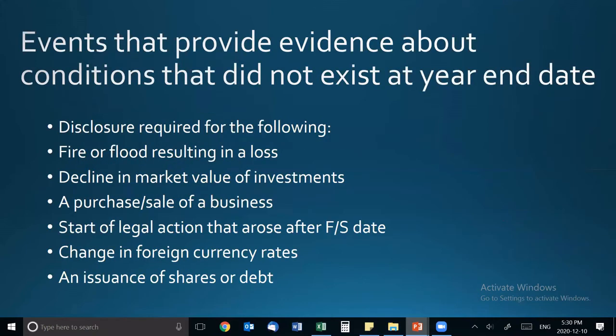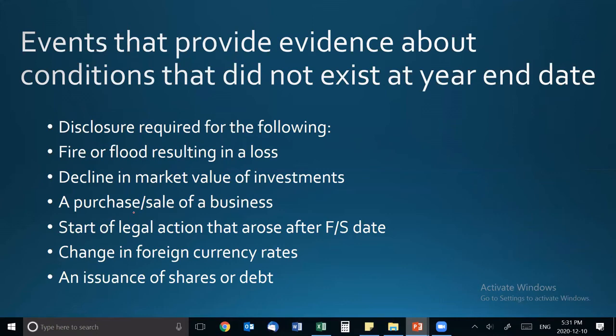So some more examples of event number 2, conditions that did not exist at year end that need to be disclosed: fire or flood resulting in a loss, a decline of market value of investments, a purchase and sale of a business.